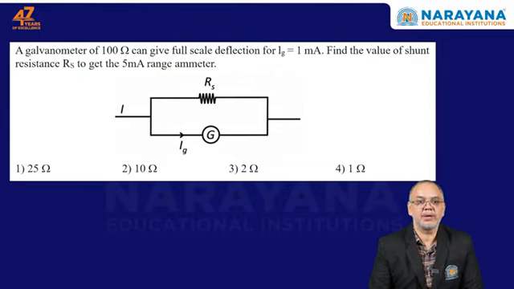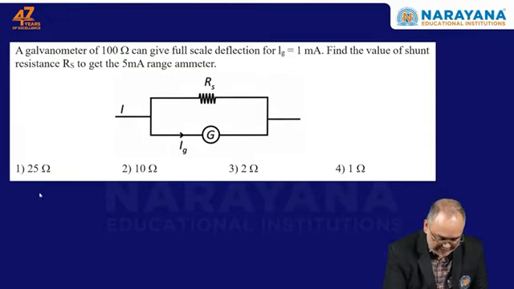Hello student, my name is Amit Tyagi and I am going to discuss a few of the questions of today's paper of the second shift. The first question you can see here is the conversion of a galvanometer into an ammeter. A galvanometer of 100 ohm can give full scale deflection for Ig equal to 1 milliampere.